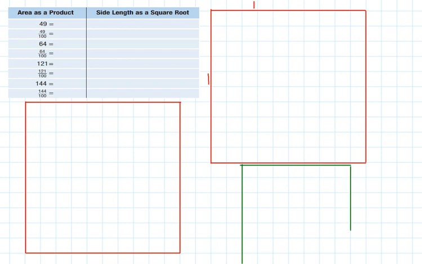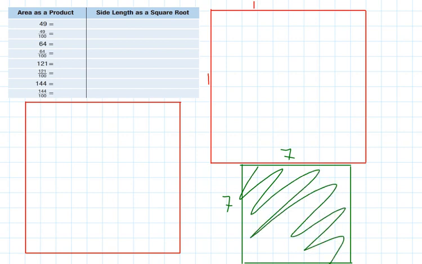So you have a square like that, 7 by 7, and you shade the whole thing. That would be your 49 units squared. Okay, so each side would be 7 in this case.